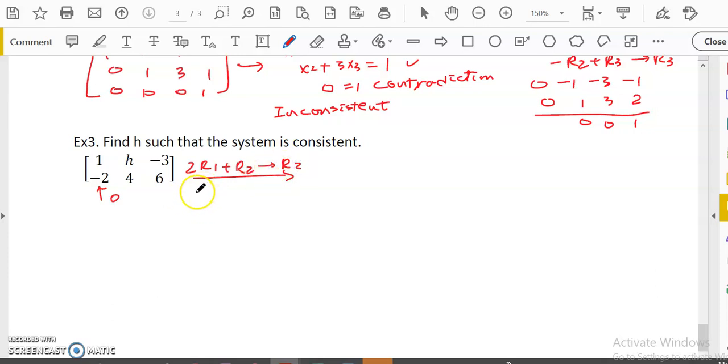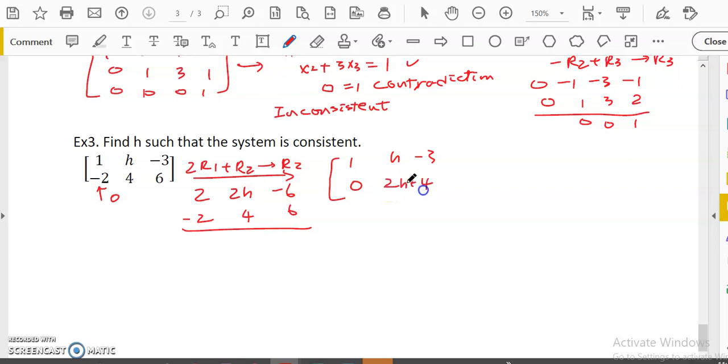So that would be 2, 2h, negative 6, right? Negative 2, 4, 6. And we put it back into R2. So 1, h, negative 3. This would be 0, 2h plus 4, and then 0. So for it to be consistent, what can we do?